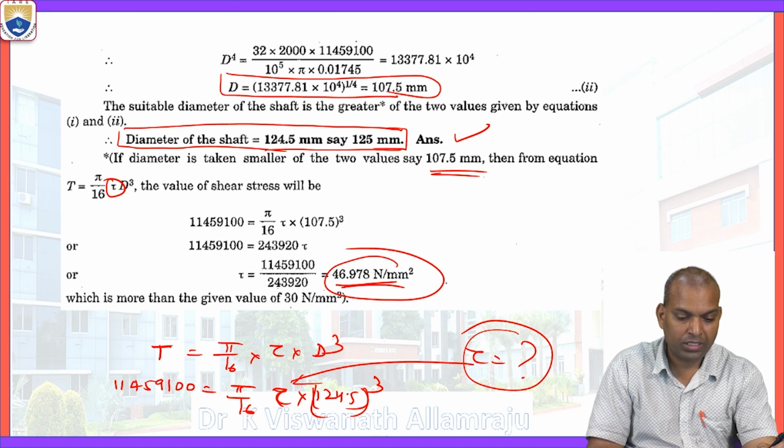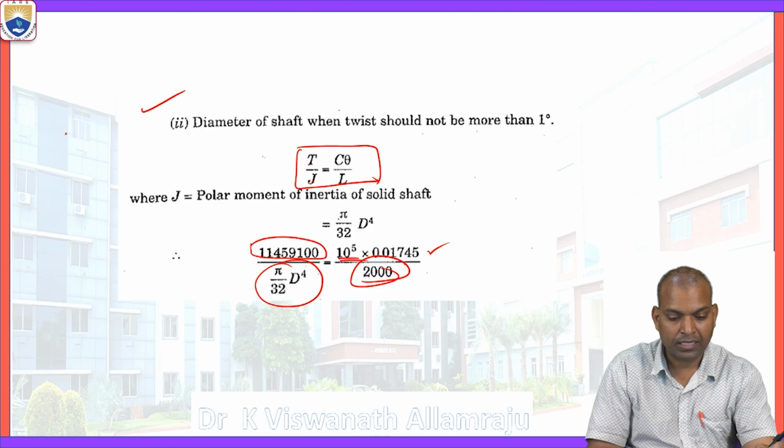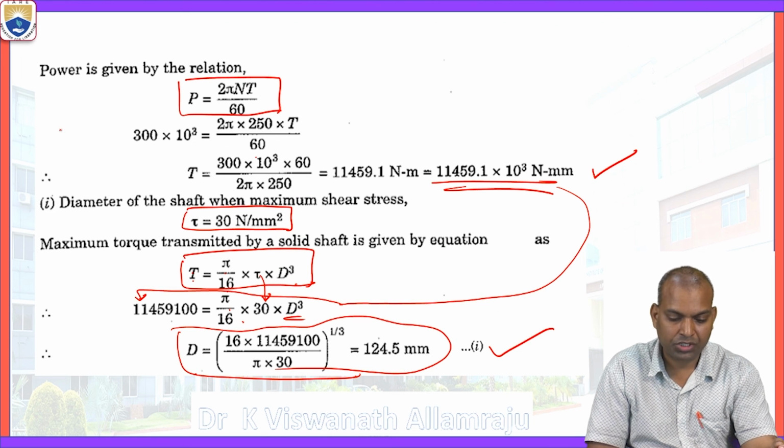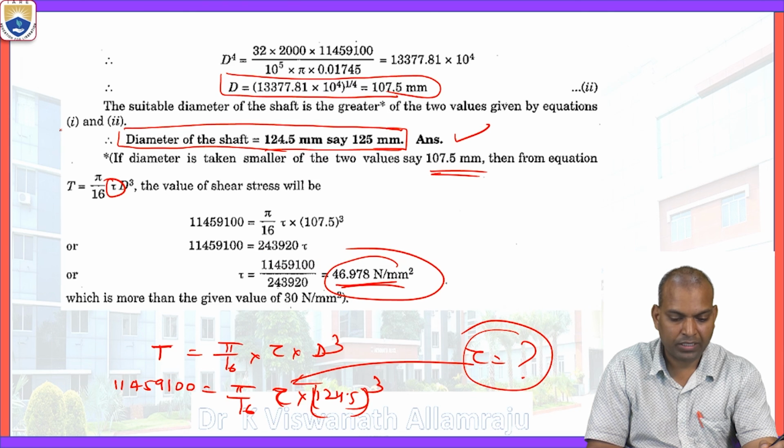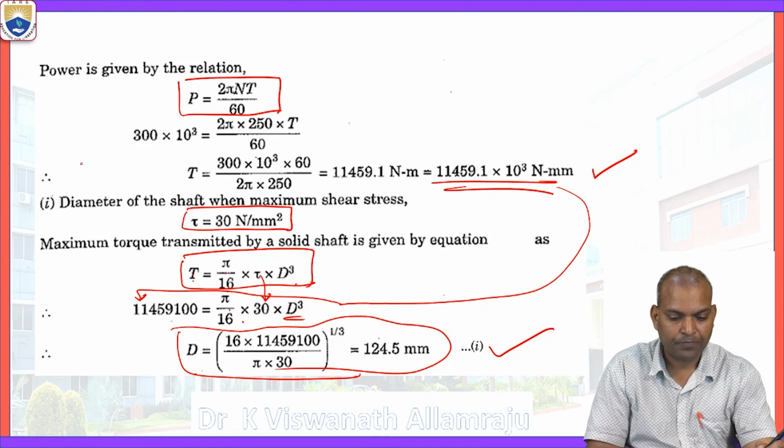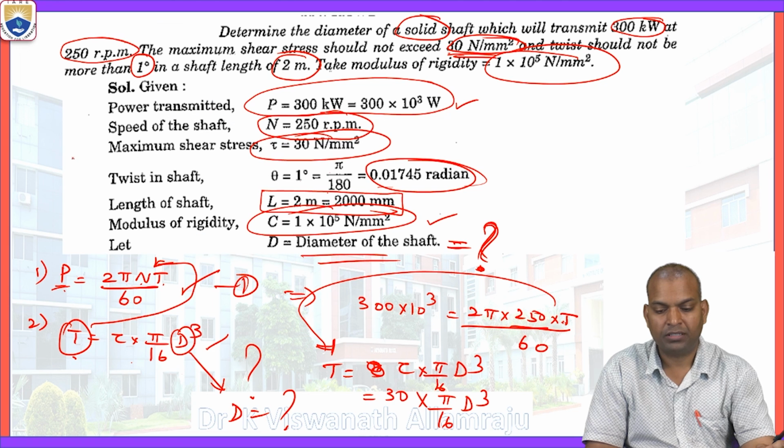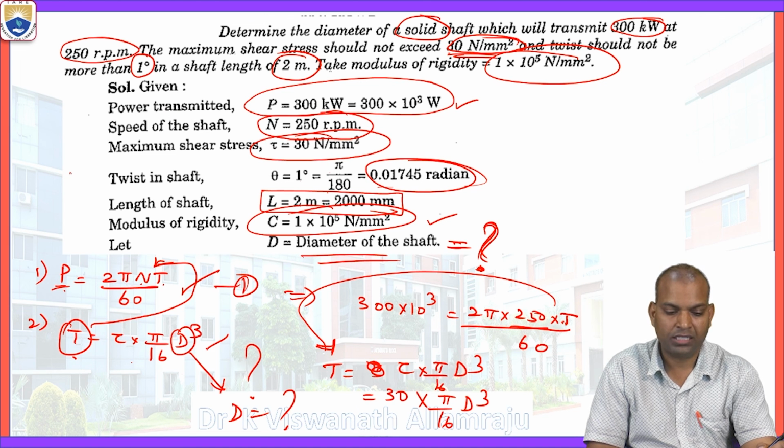And also how to design the diameter of a solid circular shaft for the given data. And a very important model is the final problem we covered here, the diameter at which shear stress should not be exceeded and at the same time the angle of twist should not exceed 1 degree, or pi by 180 radians, for the same torque and for the same length of the shaft.